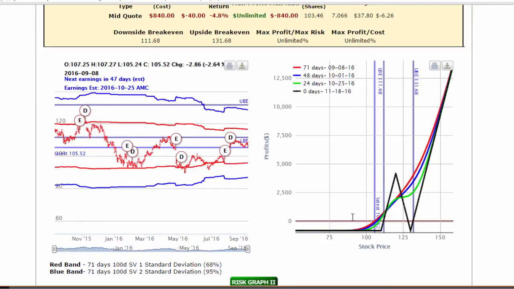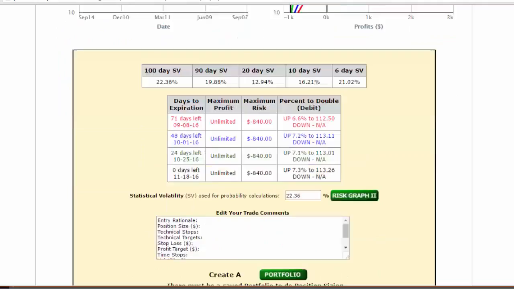Now you can see it mimics almost identical to what the call option was when we just bought a call option, which is the best thing generally when you want to be in a position that benefits as the stock price rises. But I've mimicked that type of risk graph by buying and selling multiple options to construct a risk graph that's in line with my prognosis and gives me the best opportunity to make my 100% return on investment with the least amount of movement in the underlying stock.